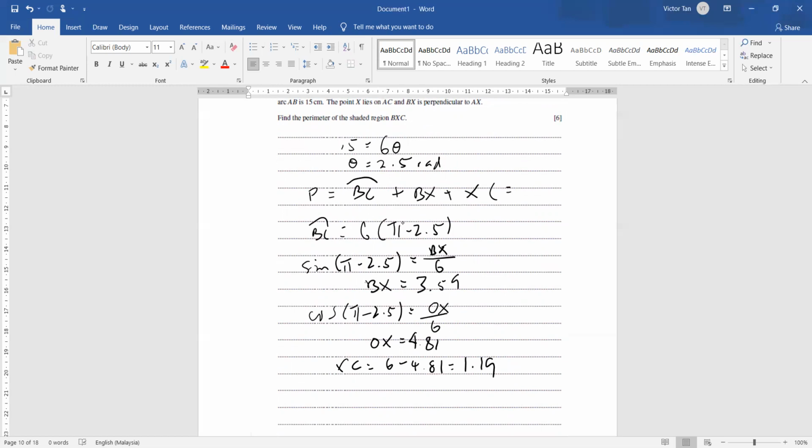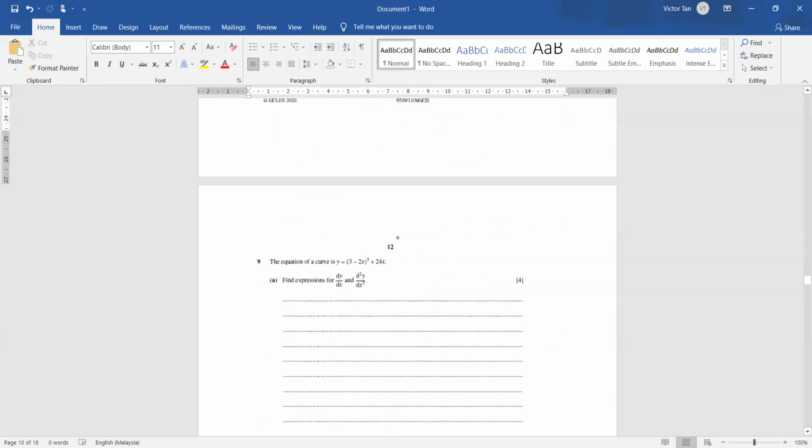So adding this and this will get you the perimeter. 8.63. Found the perimeter.